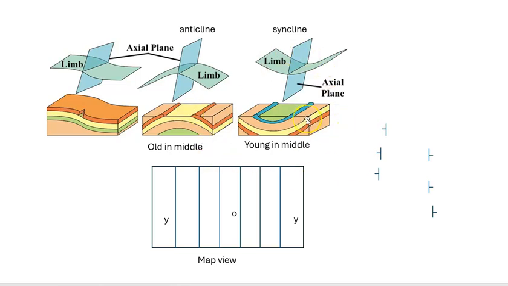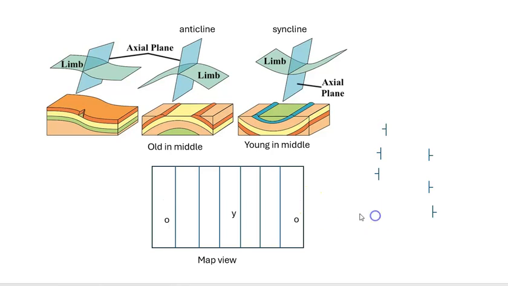For a syncline, it's the opposite. If we look here, we can see this yellow is old. It gets younger with the tan, younger with the blue, and youngest with the green because youngest is on top. So with the same stripe pattern, if I was to tell you that the middle is the youngest, then we would say this must be a syncline.